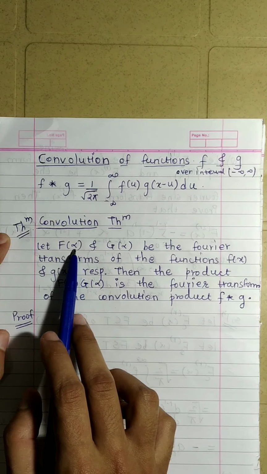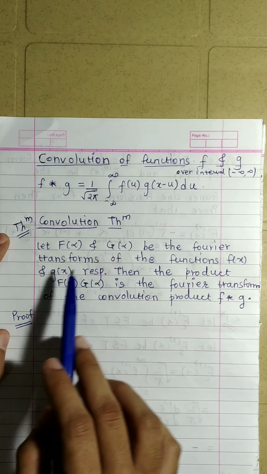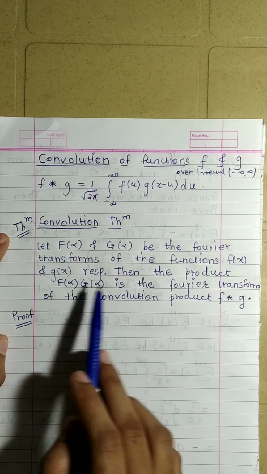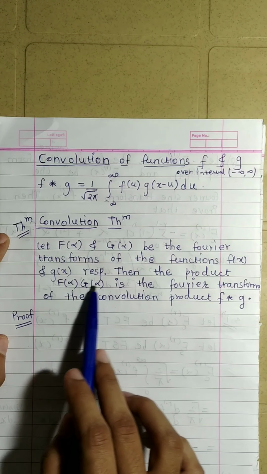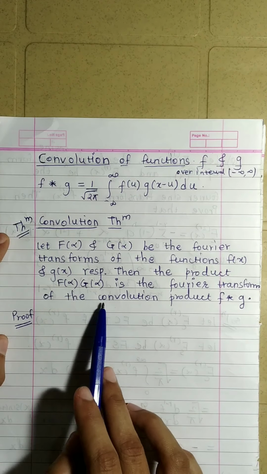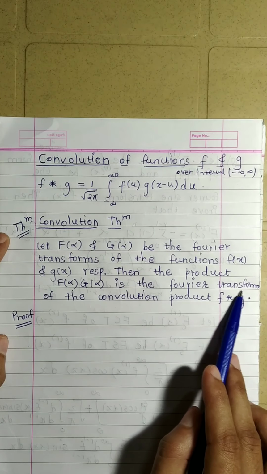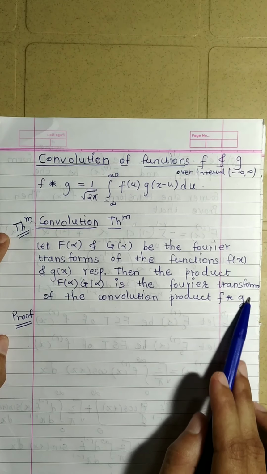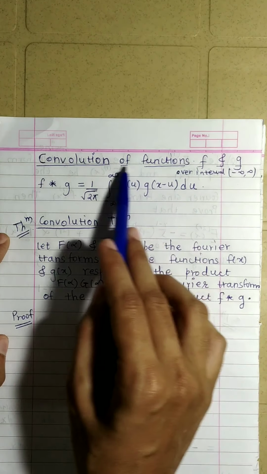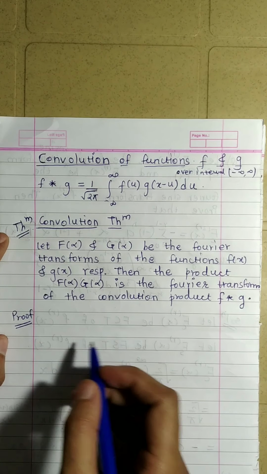So F(alpha) is the Fourier transform of the function f(x), and G(alpha) is the Fourier transform of the function g(x). What we want to show is that this product is the Fourier transform of the convolution product f star g. So we have to find the Fourier transform of this quantity, which is a function of x.